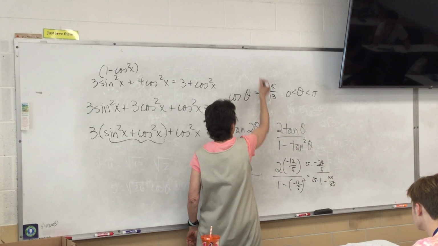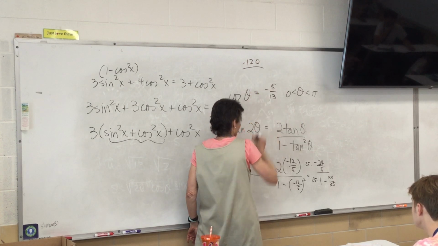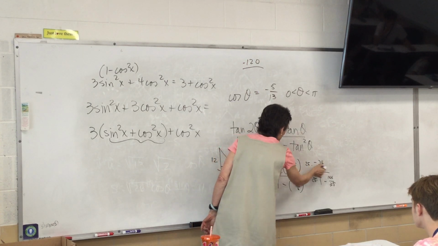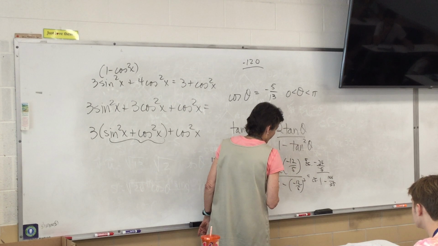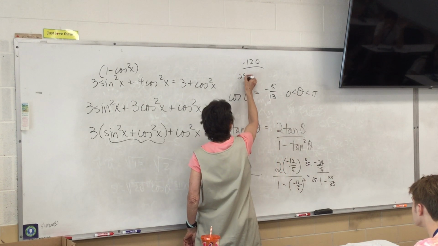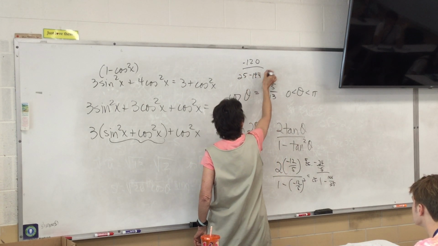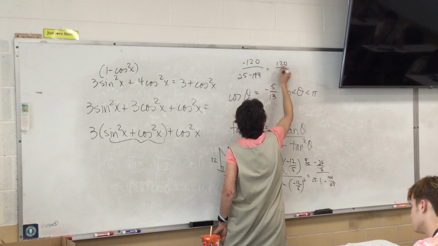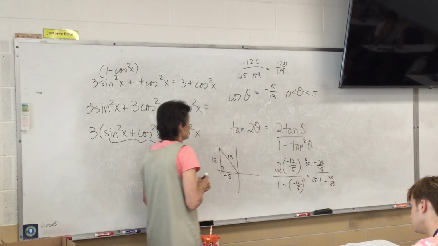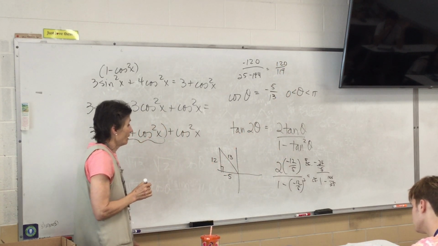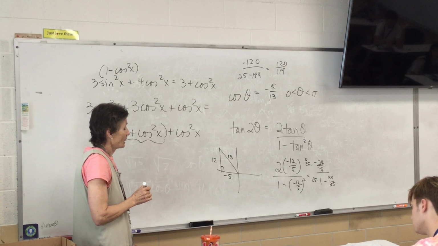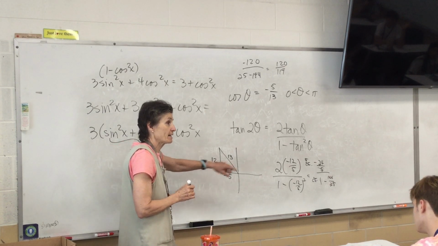So I would get negative 120 over 25 minus 144. I got 120 over 119. And notice, that's doable without a calculator.